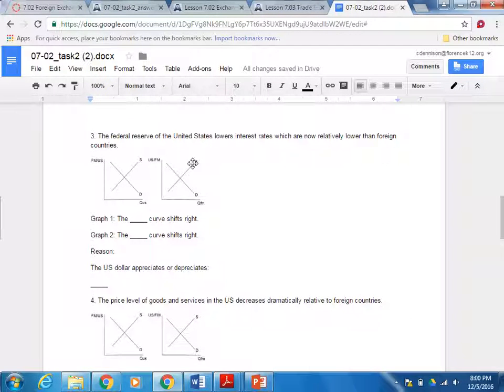For 4, 5, and 6, you should be able to figure out whichever place is going to have the cheaper goods or less expensive prices. That's what people are going to want to buy from. Think about where people are going. If foreigners come into the U.S., like in that first question, then they're going to want more U.S. dollars. But if U.S. citizens are traveling to foreign countries, then they're going to need more foreign currency.